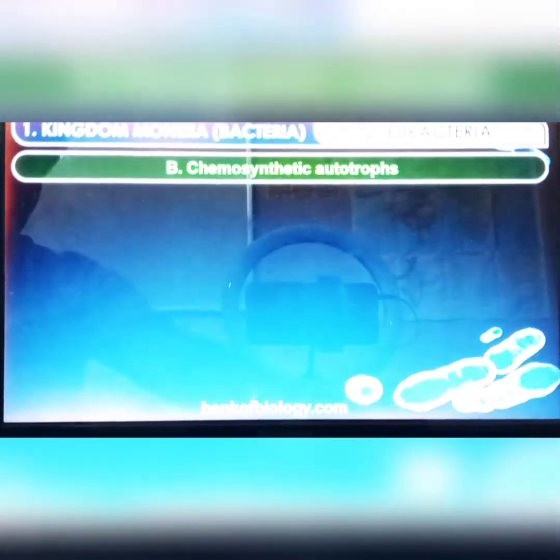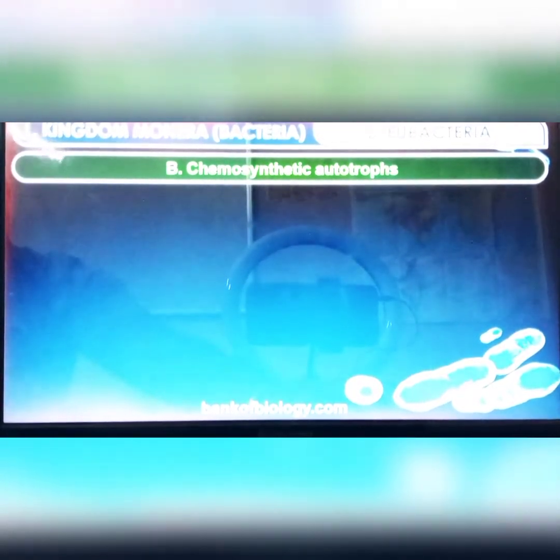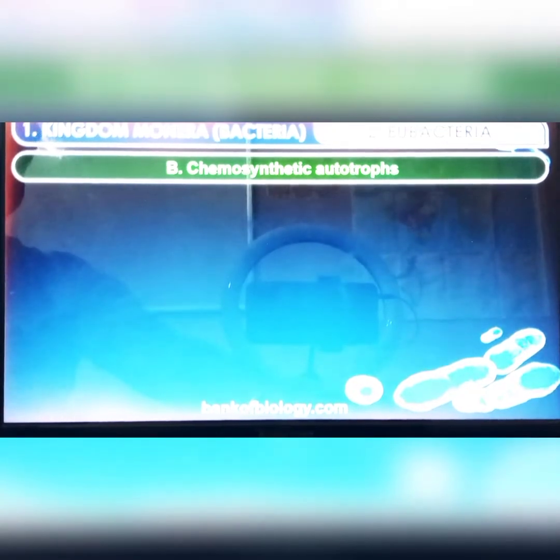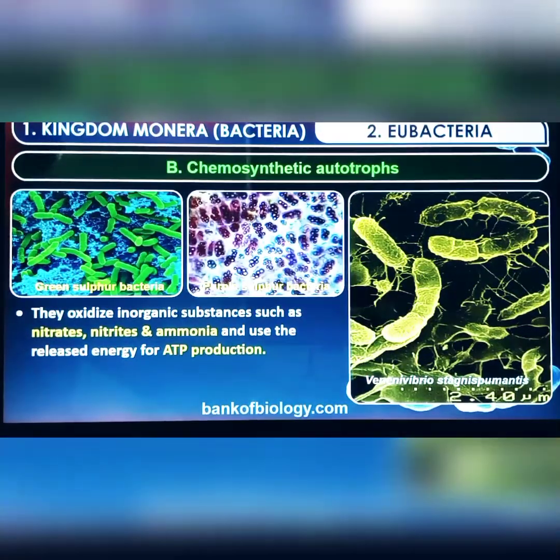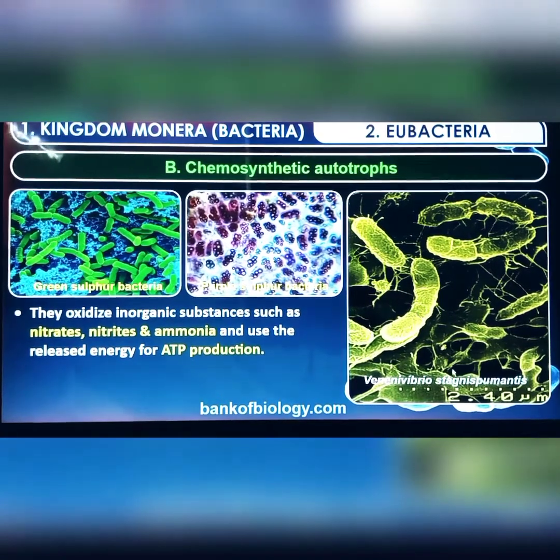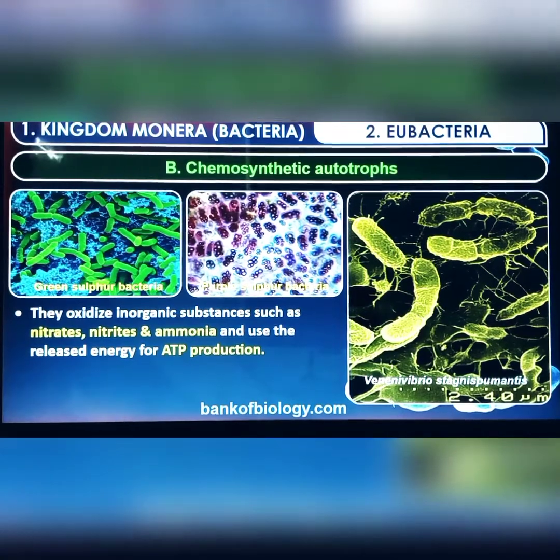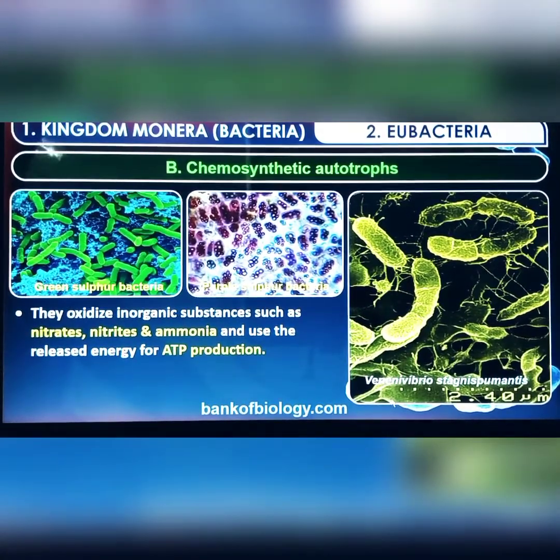Okay, and the next part of the eubacteria is the chemosynthetic autotrophs. These types of bacteria make their food with the help of chemicals. You can see here green sulfur bacteria, purple sulfur bacteria, and Vibrio.